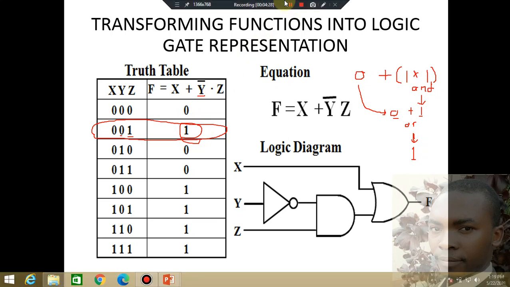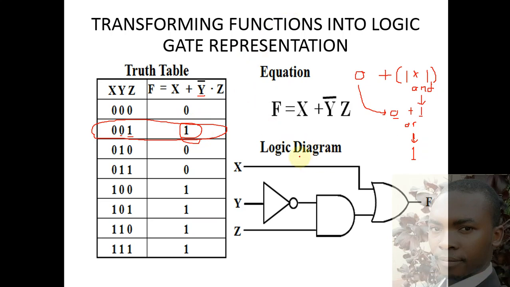Alright, so how do we draw this using our logic gates? Of course, from what we said we have x, y, and z, and we want to arrive at f, okay?